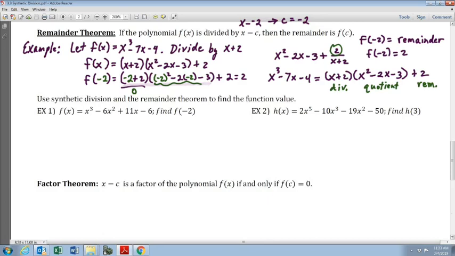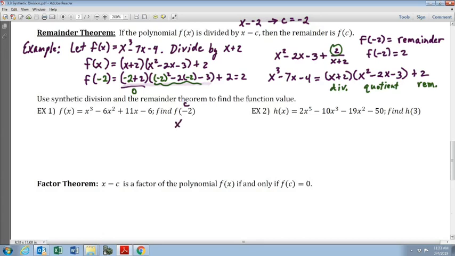All right, so let's go ahead and use the remainder theorem for examples 1 and 2. It says use synthetic division and the remainder theorem to find the function value. So to find f of negative 2, first of all, in this case, our c is negative 2.